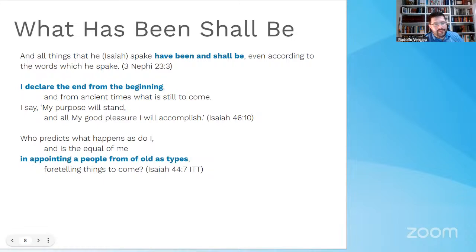So that is an end time. I like that exclamation from the Lord, saying that all things, not just some chapters, all things he spake have been and shall be. Now, there is a future fulfillment.